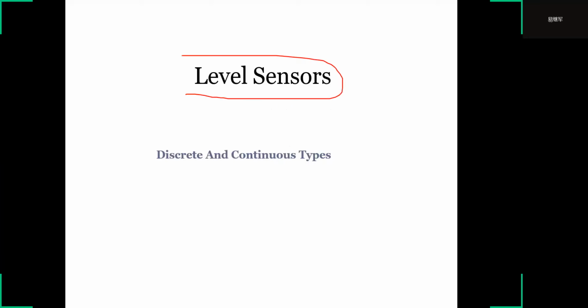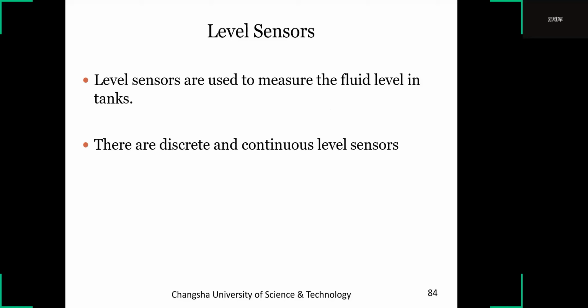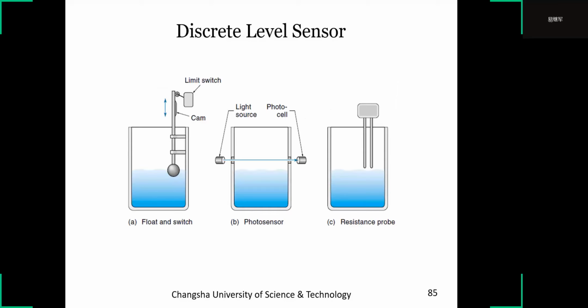Level sensors are used to measure the fluid level in tanks. There are discrete and continuous level sensors. This is a direct level sensor: a float switch.